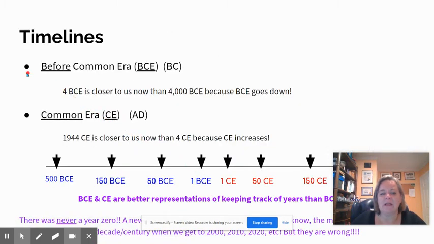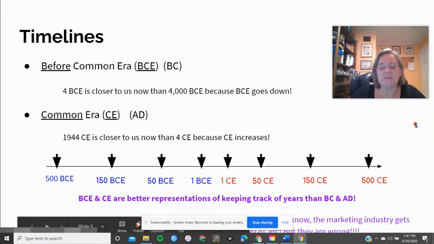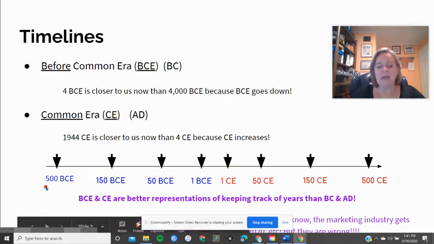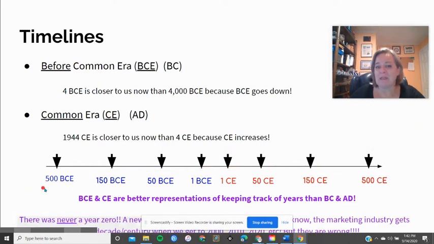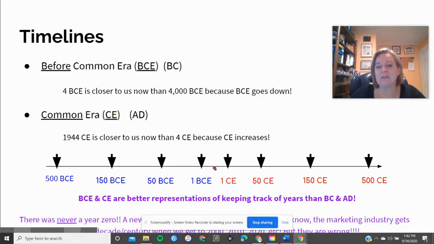Then you have timelines. Timelines is another way that we put things into order so that we can study them and understand them. So timelines work like number lines in that the BCE is actually like negative numbers, in that the closer we get to the Common Era time, the BCE, the before Common Era, the number gets smaller or lower.